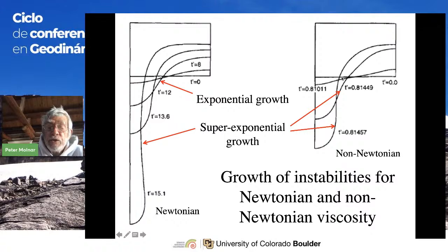Here you have super exponential growth. Notice that the elapsed time, these are non-dimensionalized in different ways, of course, but the elapsed time you have a rather small perturbation at 0.81, and at 0.814, you've already jumped to this curve, and just slightly further, you've gone to this curve. So the growth is very, very rapid once it is growing.